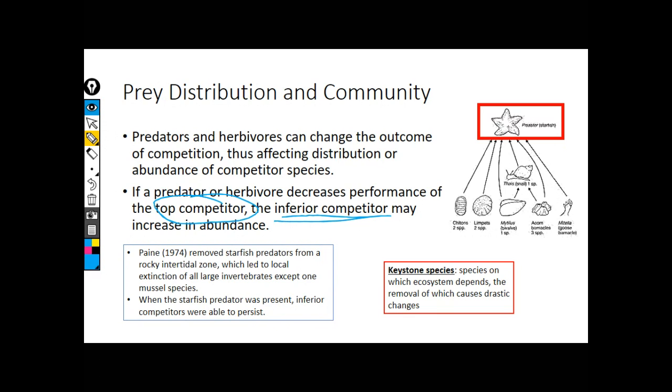So here's an example of this. This is using the same image here. The starfish are really common predators in what is called the Intertidal Zone, the area of the seashore where the tide comes in and out.